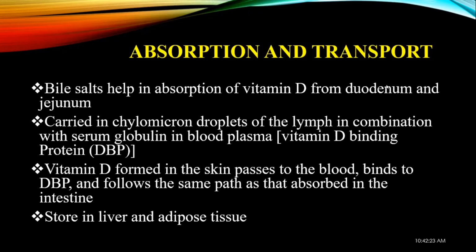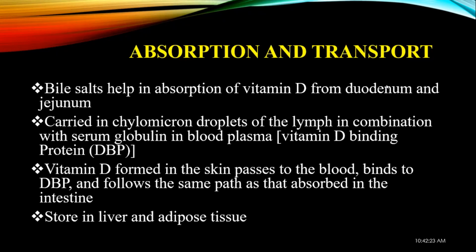After being absorbed from the intestinal lumen, that is the duodenum and jejunum, in the epithelial cells of the intestine vitamin D is again esterified. Now vitamin D, along with the other fats, is complexed with chylomicron, and in the form of chylomicron droplets it enters the circulation via the lymph.